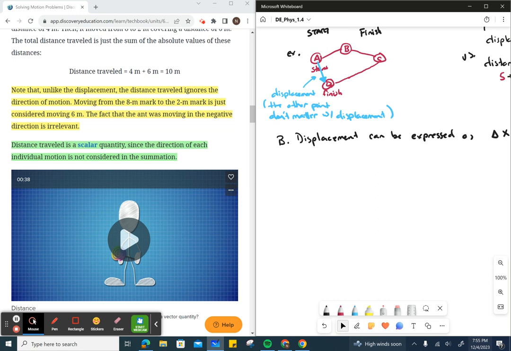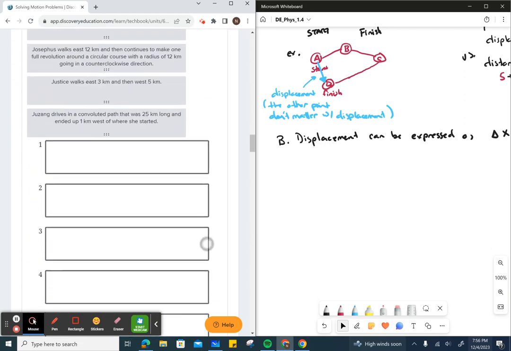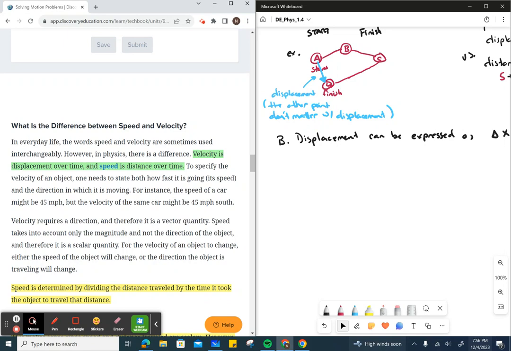If you go to the right 5 and then you go back to the left 5, you're back at 0, right? But distance would say you had traveled 10, all right? So more on that.